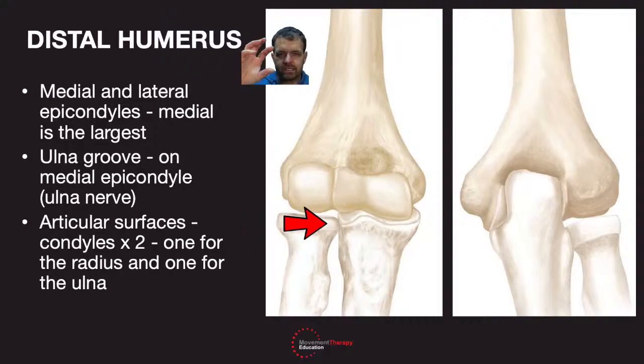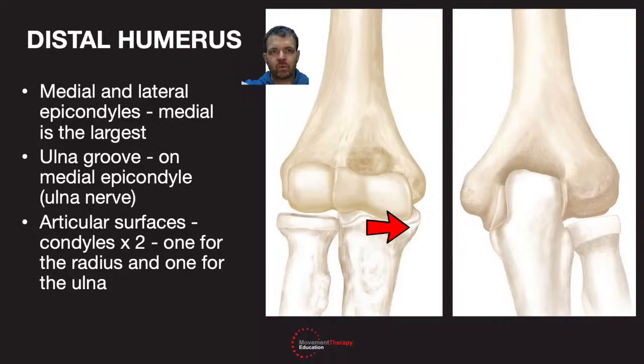So the radius is like a circle, hence the name, but this one's a little bit more irregular. So you can see this lump here fits perfectly with the end of the radius bone, and this lump here fits perfectly with this lumpy section of the ulna, and we'll have a look at the names of those in a sec. And then on the back, it all looks a bit neater.